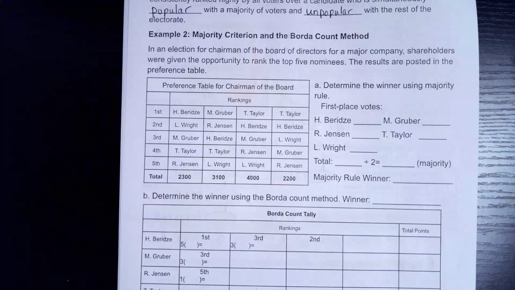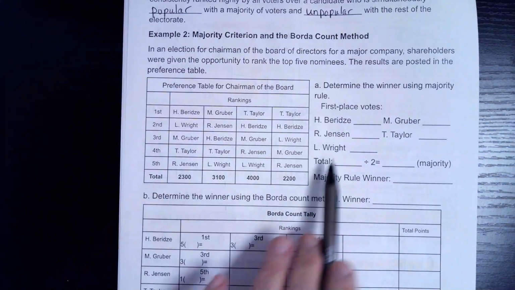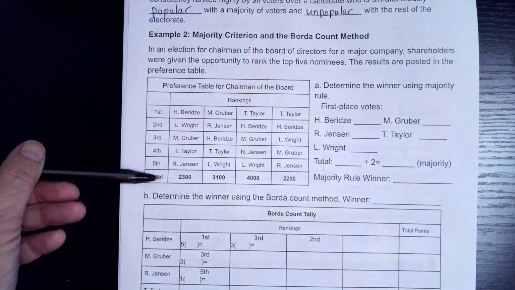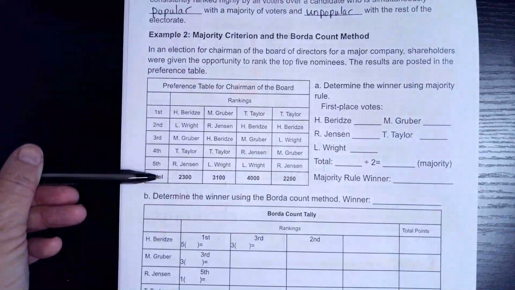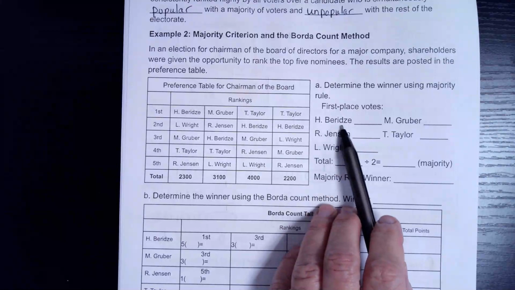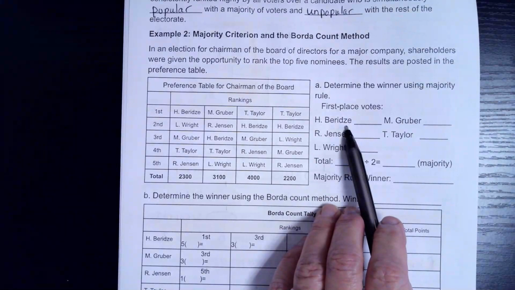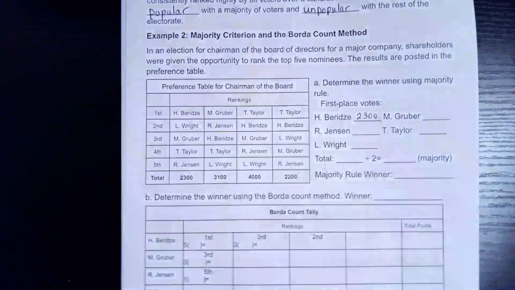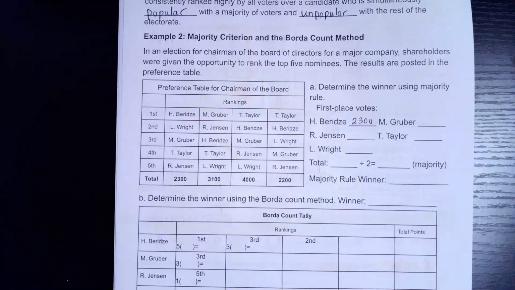And with majority rule, what do we look at on this table? The total and first place. So, how many first place votes did Bereeds get? 2,300. Oh, that sounds good, right? How about M. Gruber, which I'm assuming means Mr. Gruber? 3,100.